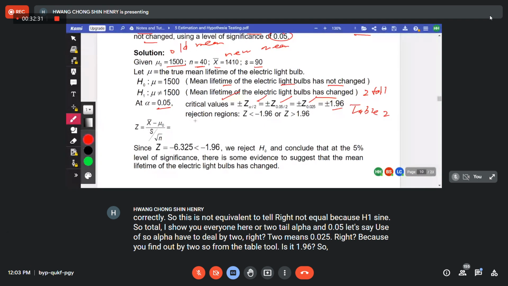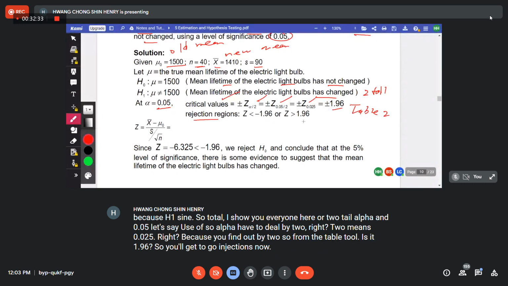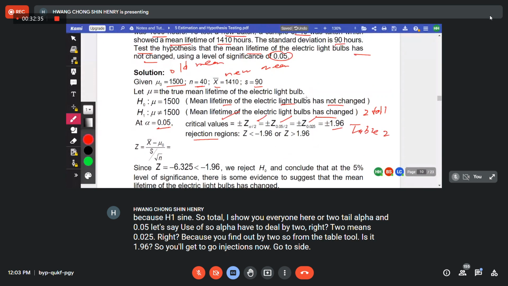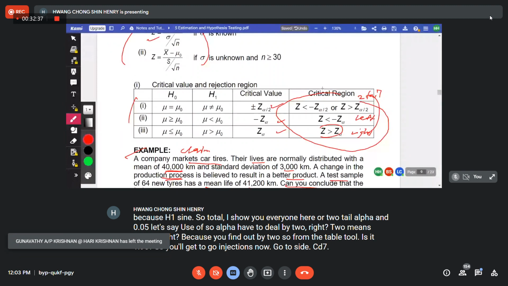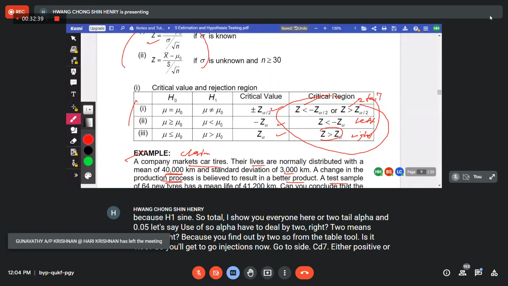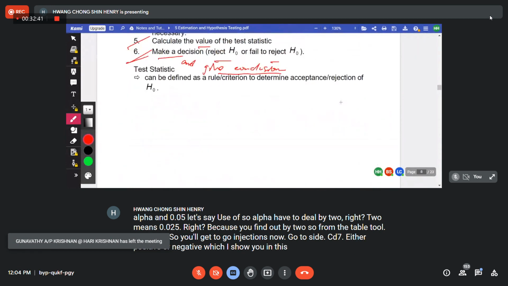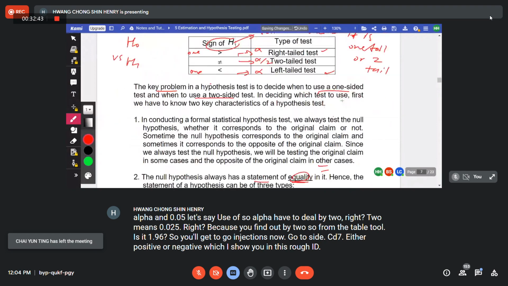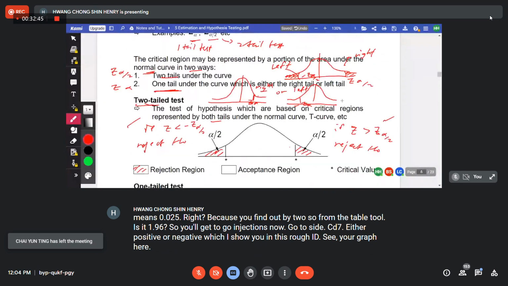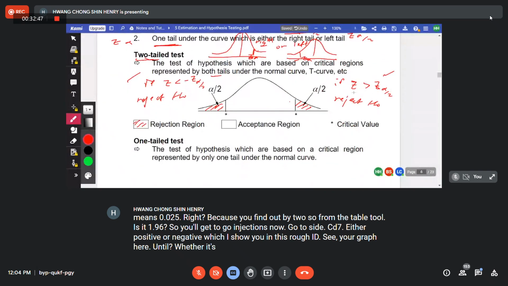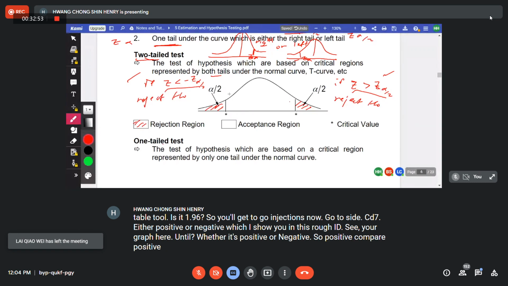So your critical rejection region now has two sides, either positive or negative, which I showed you in this graph already. Positive compare with positive, negative compare with negative, everyone.